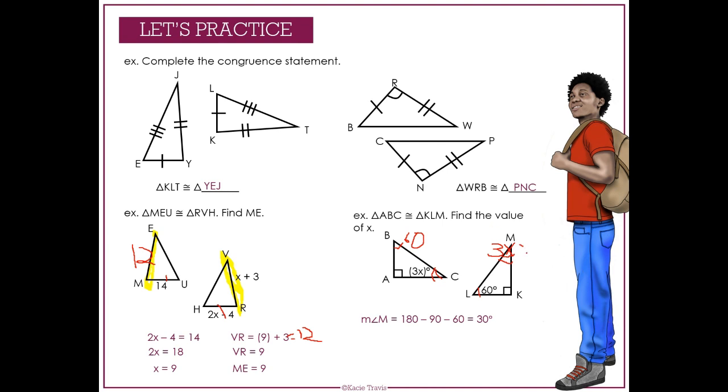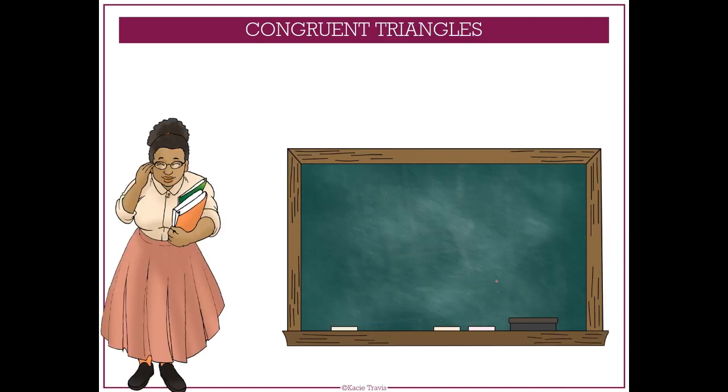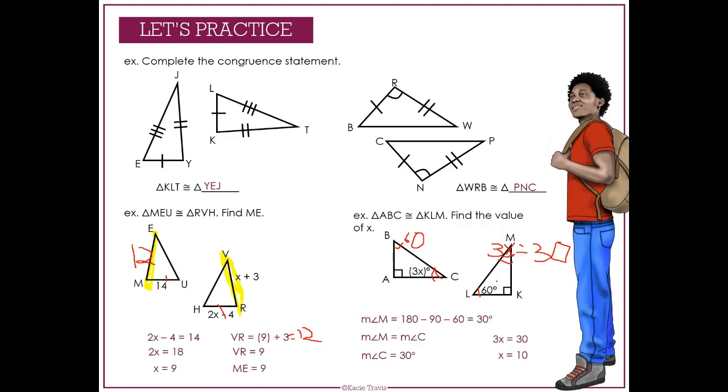Now, if the angle M is also 30, and it corresponds with angle C, that means that we can say that these two are equal. Now, if C is also equal to 30, that means that 3x can be said equal to 30. And if I divide both sides here by 3, my x is equal to 10. So we just take our time being able to go through and set up the math accordingly.